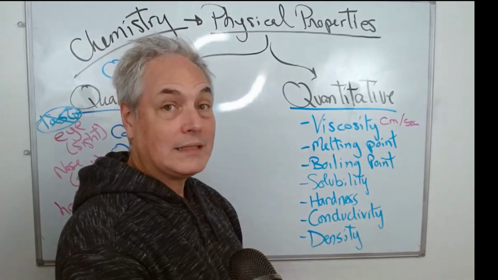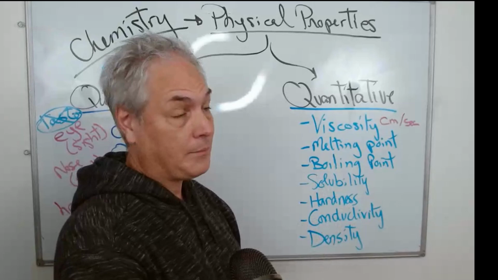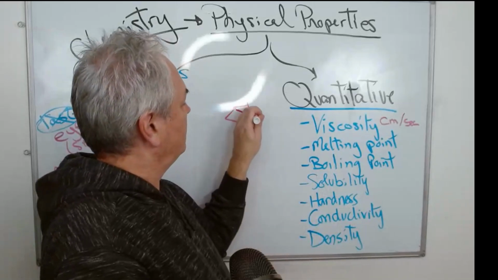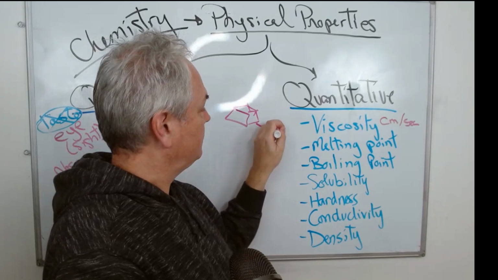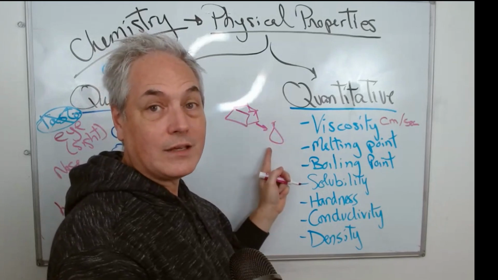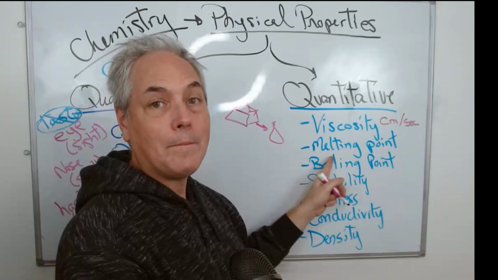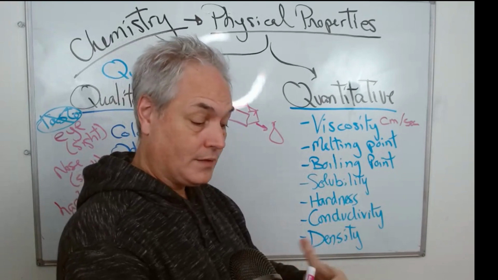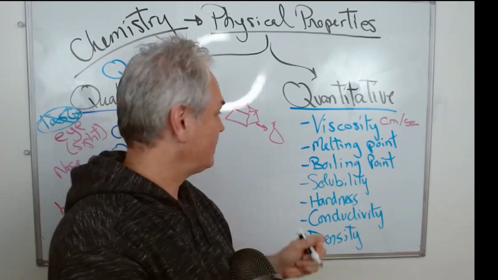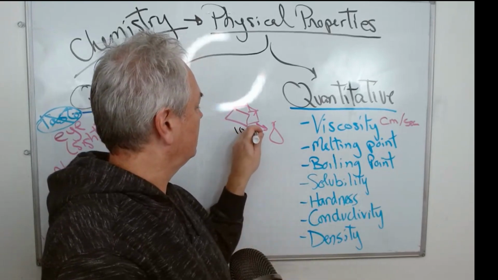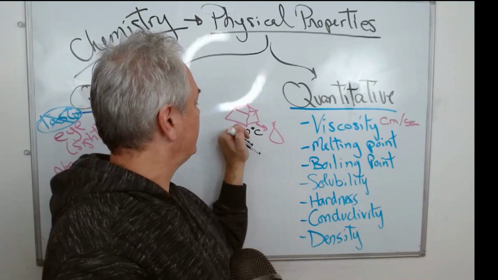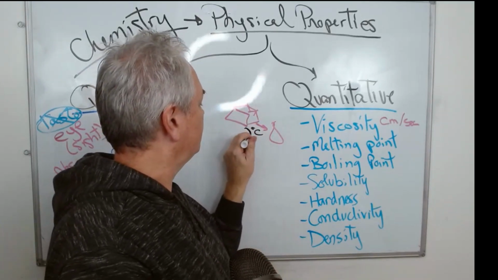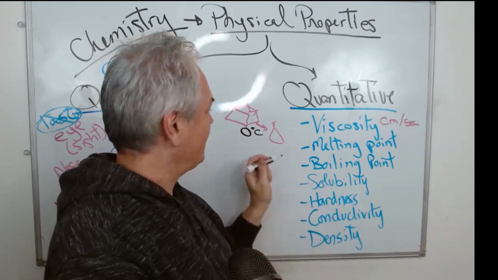If you are looking at melting point and boiling point, so for example, if you have an ice cube that is becoming water, this is called a melting point. And we know in chemistry that this happens at 0 degrees for water.